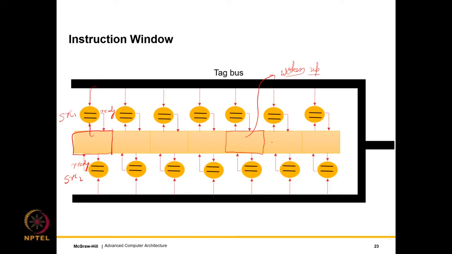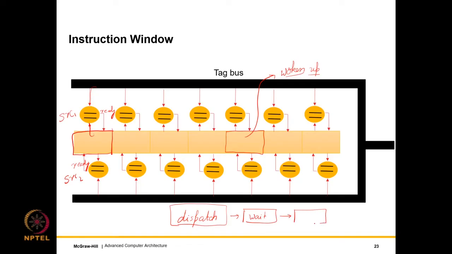Whatever instructions are woken up are said to be in a woken up state. They subsequently need to be selected, go through the select unit, and then read the values from the register file and execute. What is the sequence here? Well, first we dispatch, and once we dispatch, they enter the instruction window. Then of course they wait.